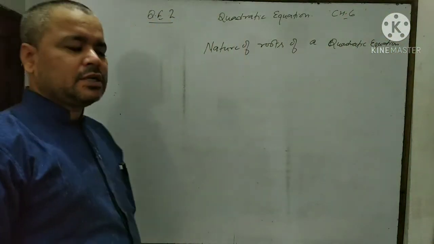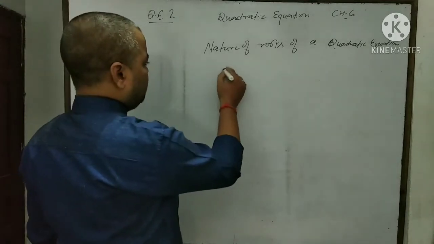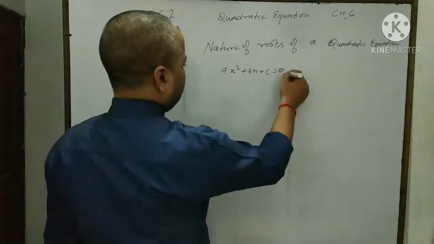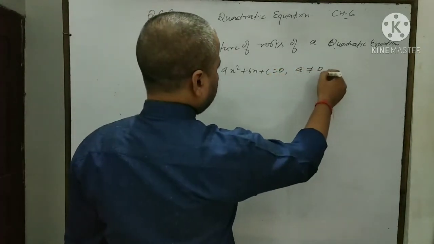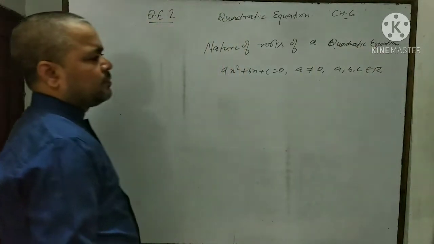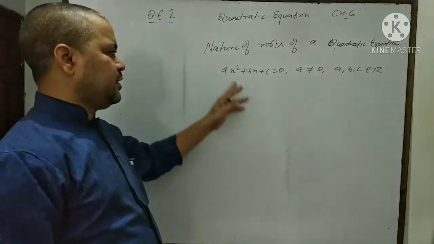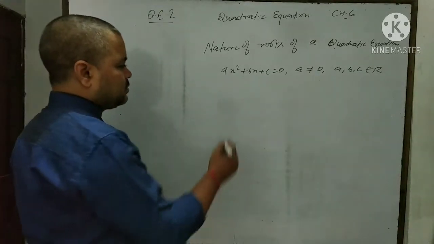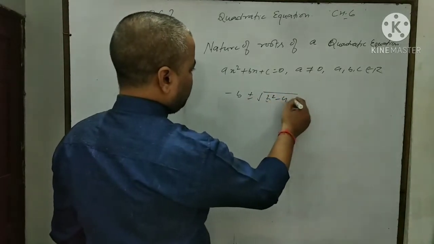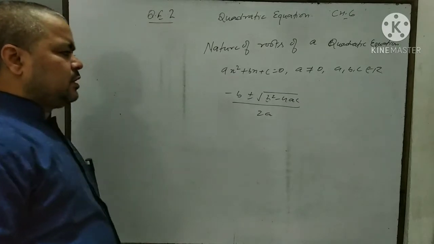We know that in class 10 also we discussed something related to this topic. If we have a quadratic equation ax square plus bx plus c is equal to 0, where a is not equal to 0 and a, b, c belong to real numbers, then it has two roots. Using this formula, minus b plus minus under root b square minus 4ac by 2a, there will be two roots.